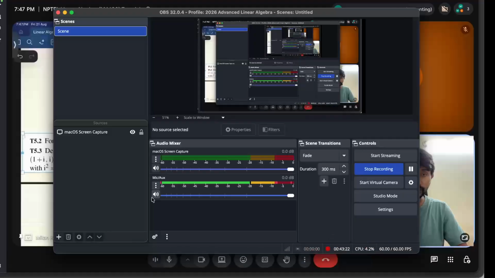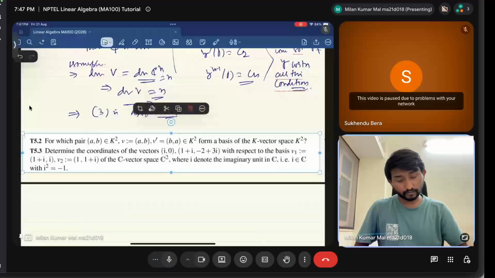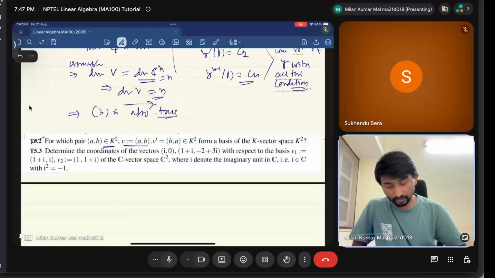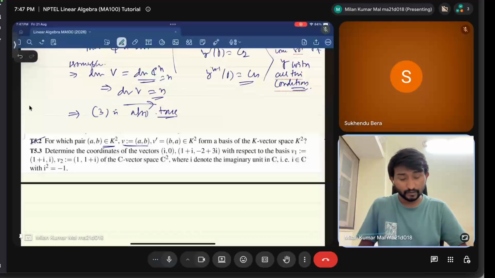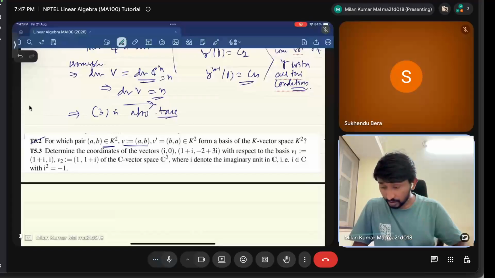The question is, for which pair do they form a basis for the K vector space K^2? If it is a basis, then it has to be linearly independent, so the determinant has to be non-zero. But here K is not mentioned anything for which pair, so we have to mention it.